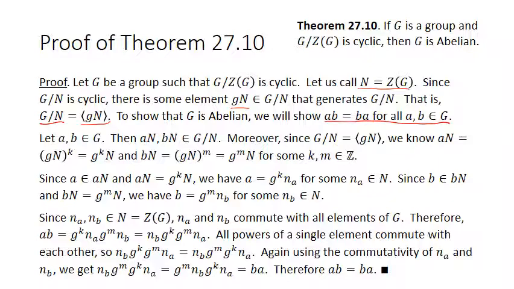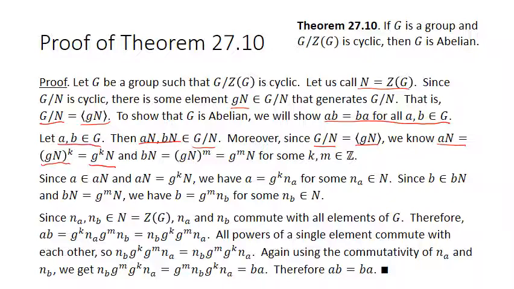Okay, so let's go ahead and try it. Let A and B be elements of G. Then An and Bn are cosets, so they are in G mod n. Moreover, since G mod n is generated by the coset Gn, An must be some power of Gn. So An is equal to Gn to the k, and that will be G to the k n.